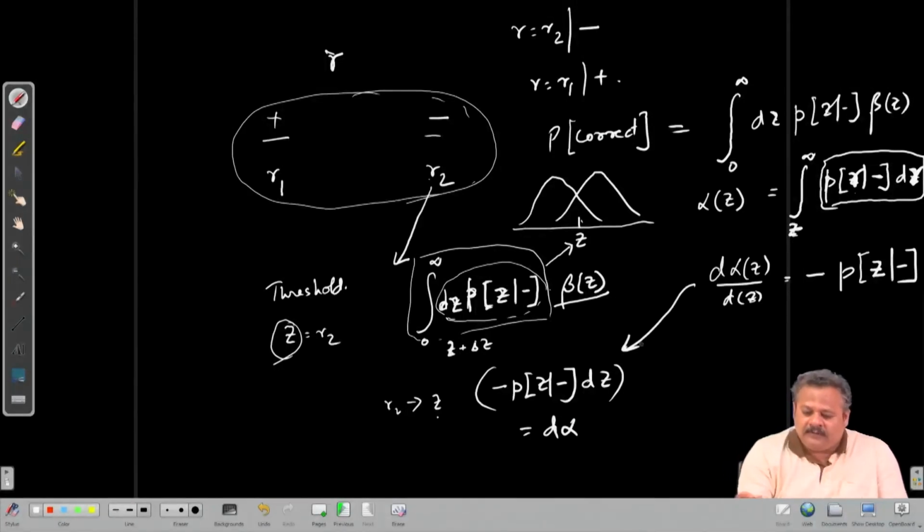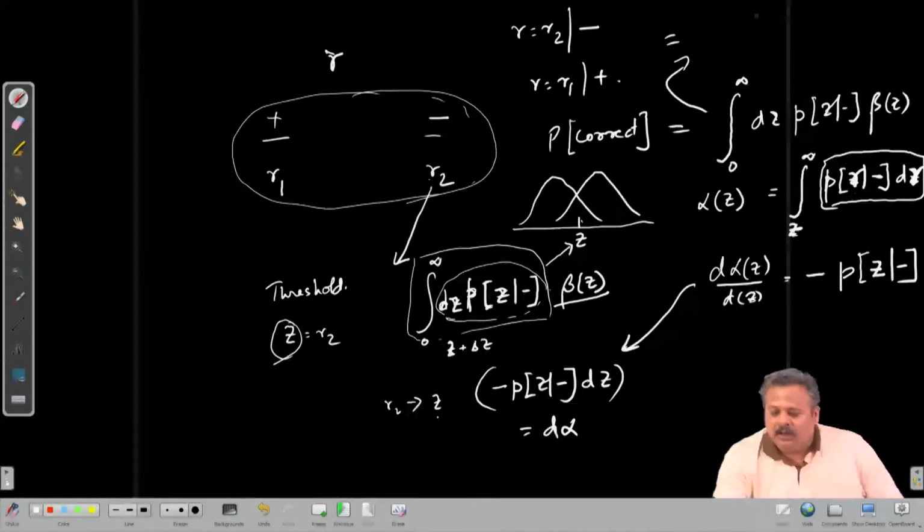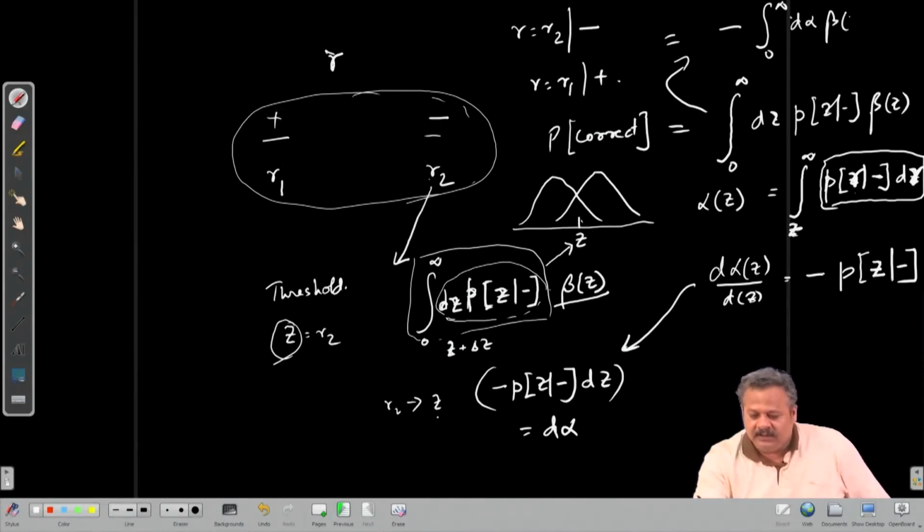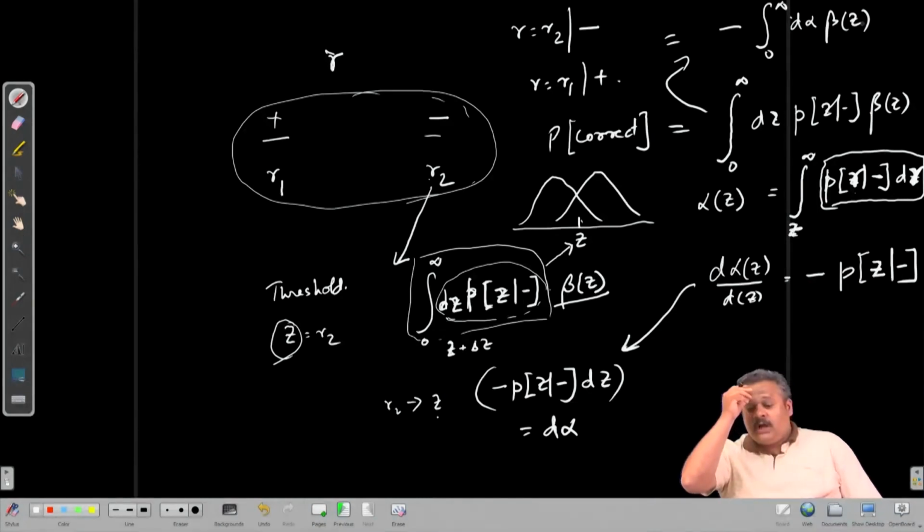So our probability of correct here can be written as minus integral 0 to infinity d alpha, with the change of variable, times beta z.